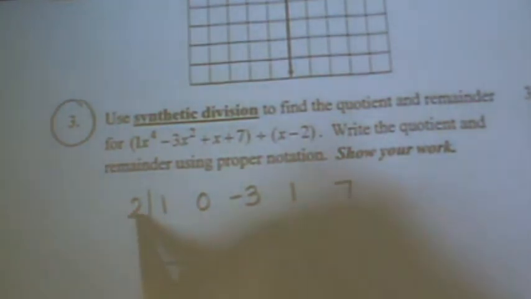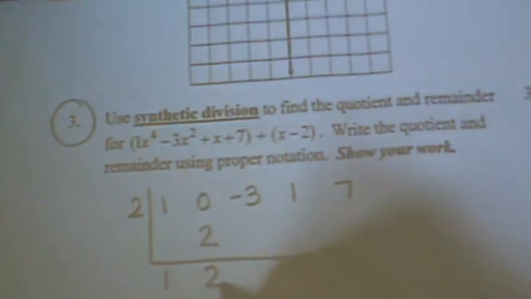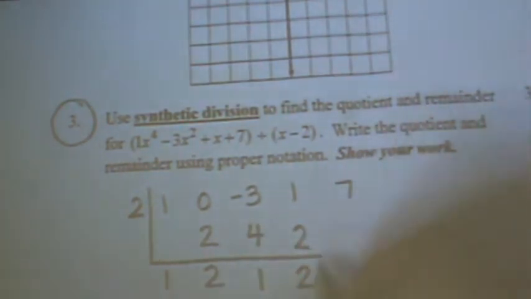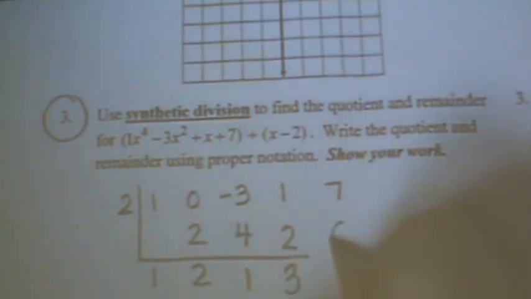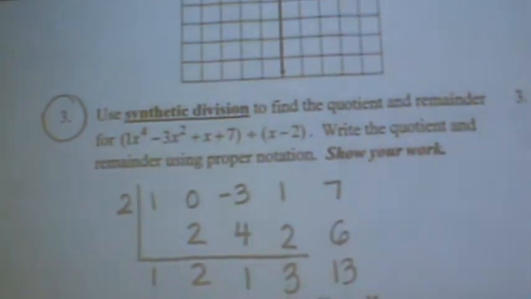Multiply that by 2, then add. 2 times 2 is 4. Then you add. Then add. 6. And the remainder is 13.